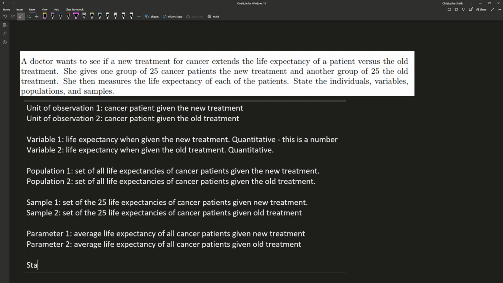And our statistic, let's see. Our first statistic is going to be our estimation of this first parameter that we find from our sample. So in this case, it's going to be the average life expectancy of the 25 cancer patients that we studied given the new treatment.